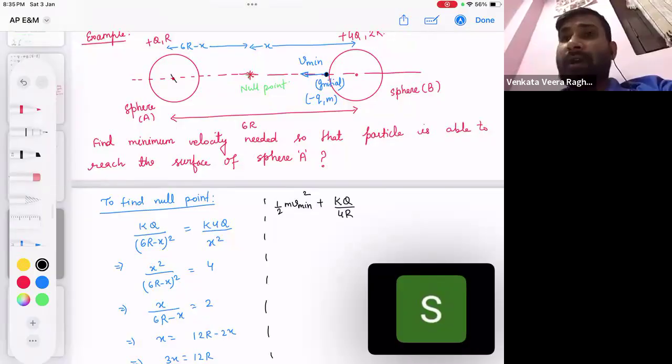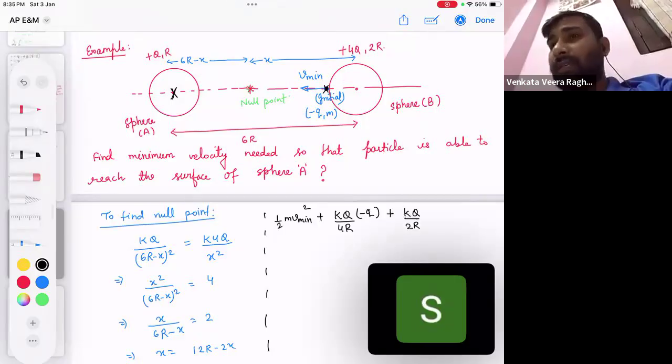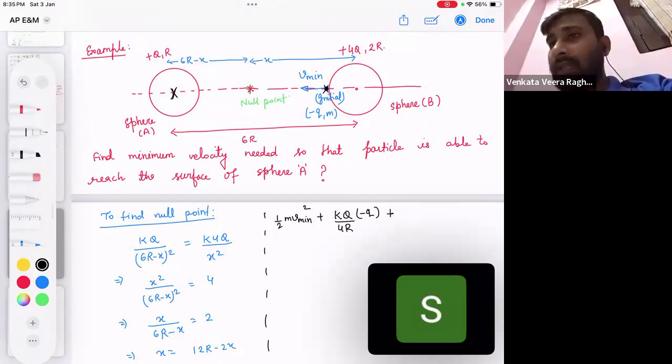So from the center of sphere A to this point, the distance is 6r minus 2r, which is 4r, into the charge minus q, plus due to sphere B, k, charge is 4q, the surface point is there, 2r is the radius, into minus q. That is my initial kinetic energy plus initial potential energy.